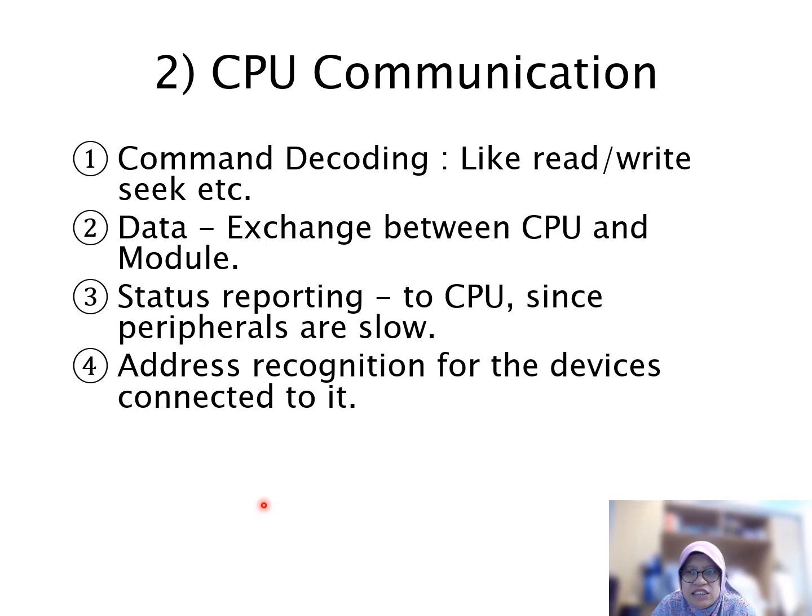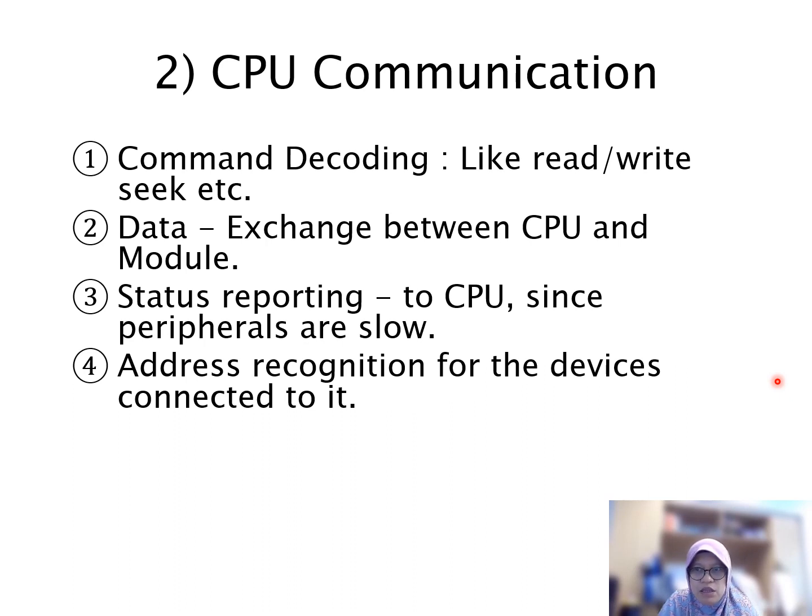The preceding simplified scenario also illustrates that the I/O module must communicate with both the processor and the external device. Processor communication, or CPU communication, involves command decoding, like read or write, and so on. The I/O module will accept commands from the processor, typically sent as signals on the control bus.